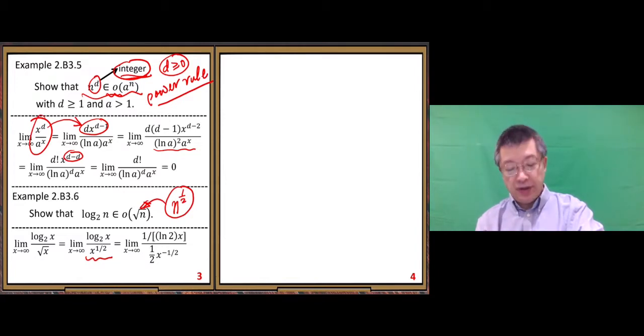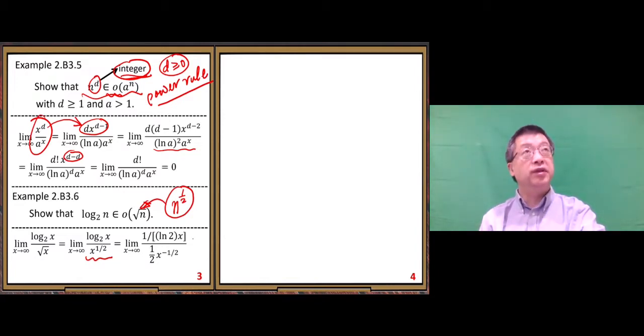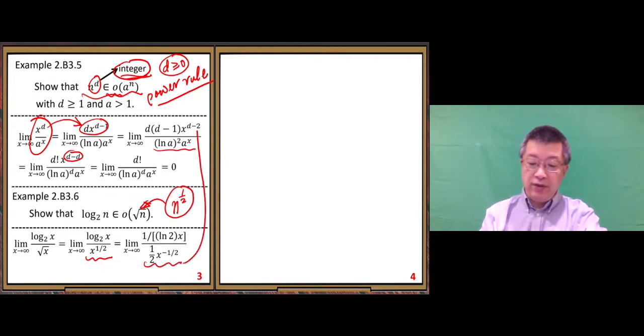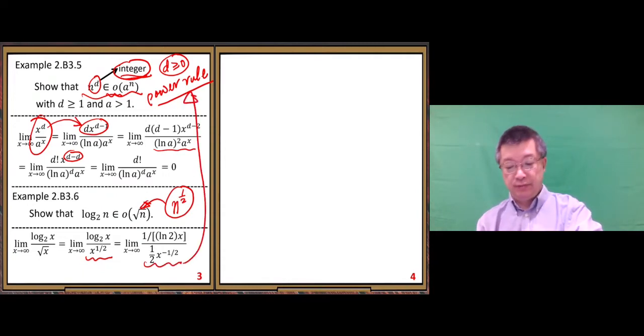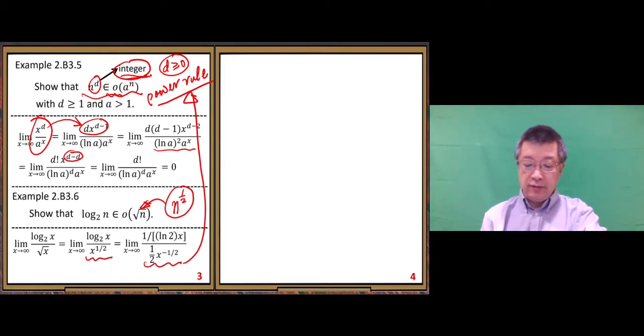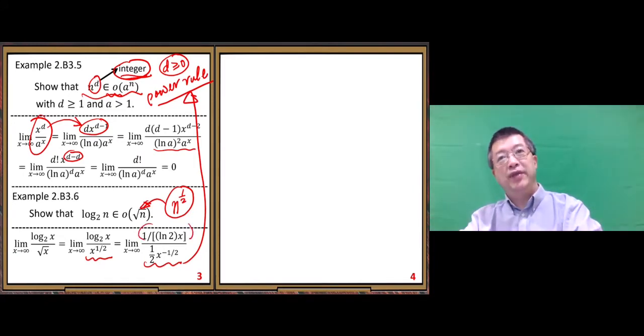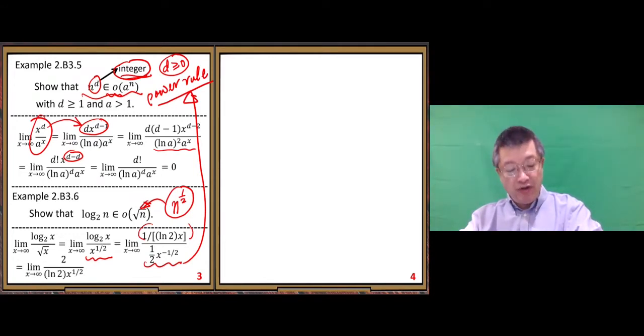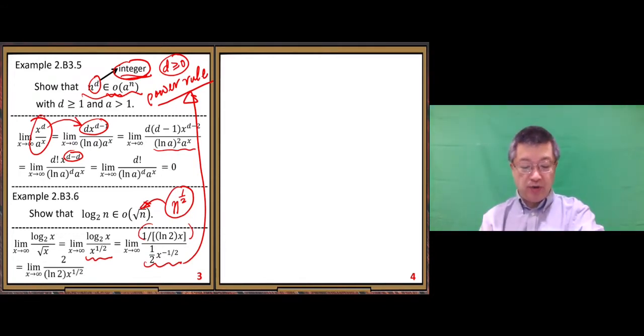Then we take the derivative. Here we use the power rule and the derivative of log formula. So we get that. Then we simplify the fraction. After simplification, we get this.